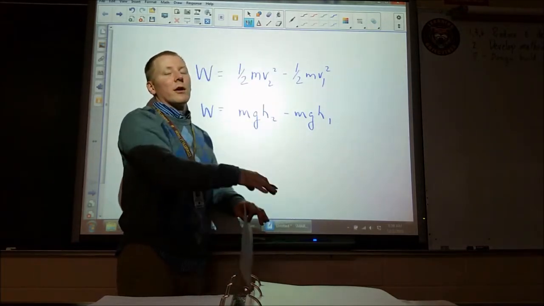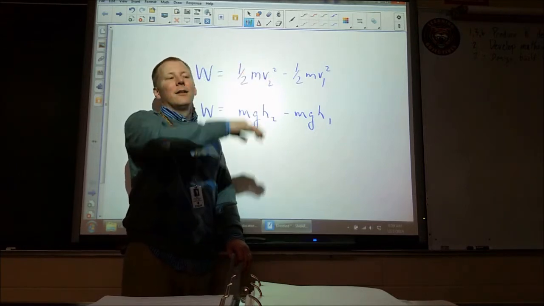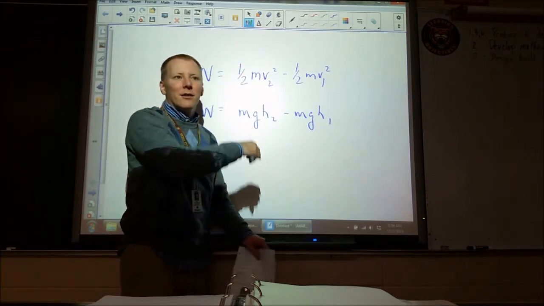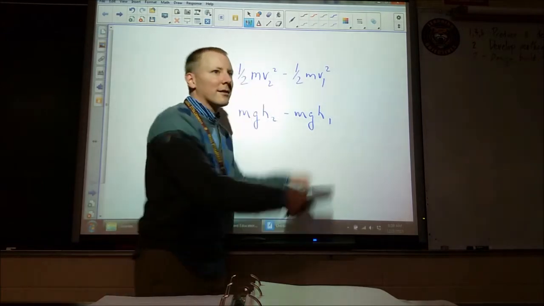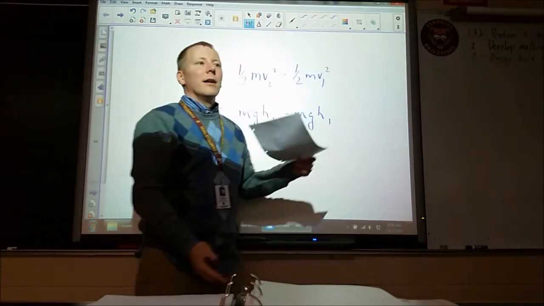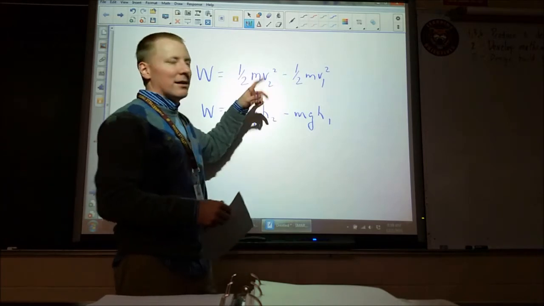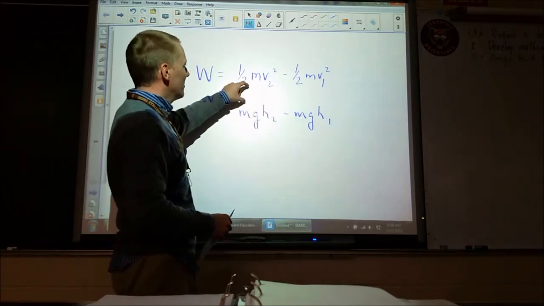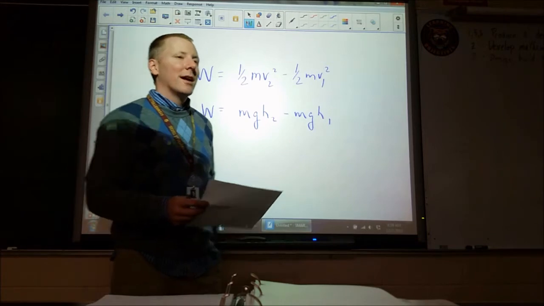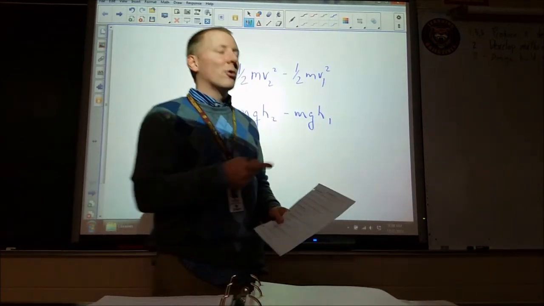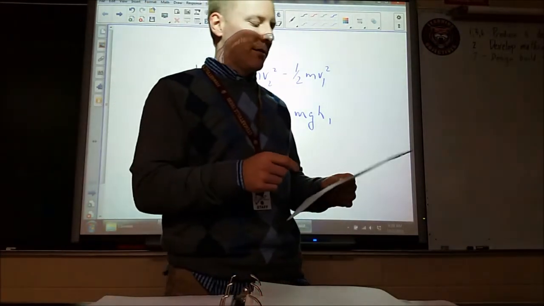So I'm just looking at my work as how much that changed. It doesn't matter the path I take either. I could do it really slowly, I could go like this. It's how much energy I'm adding, not how long it takes me. That's a different question called power that we'll get to later. But neither one of those has anything to do with how long it takes or what path it takes.